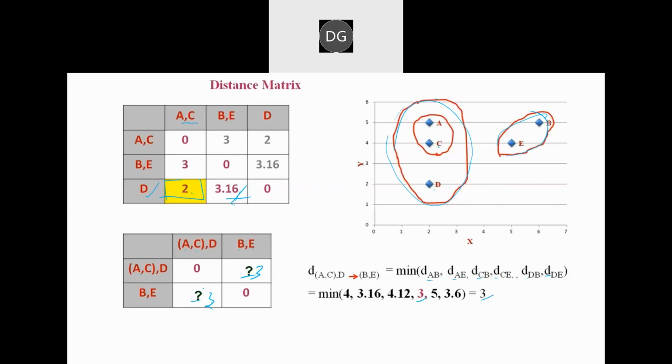So obviously, only one point is there. Even if I'm calculating or not calculating, I can draw a complete cluster, right? Already A, C, D is there. Then B also joining means I will get the complete cluster: A, C, D, and then B, E. So like this I will get one entire cluster.